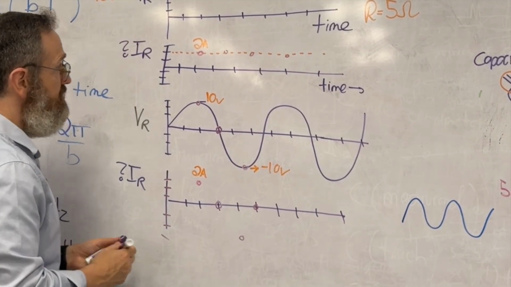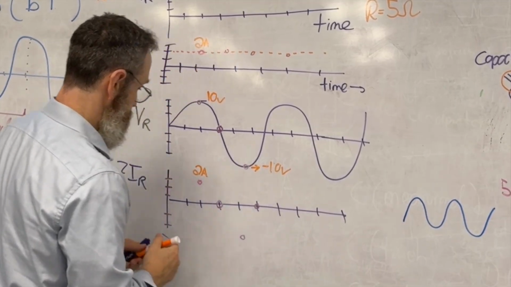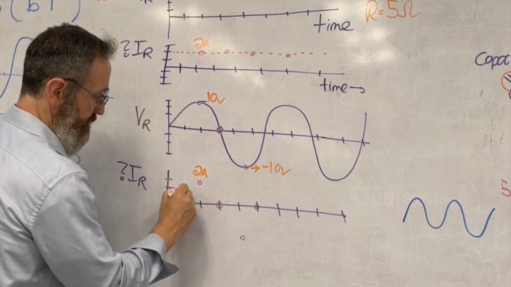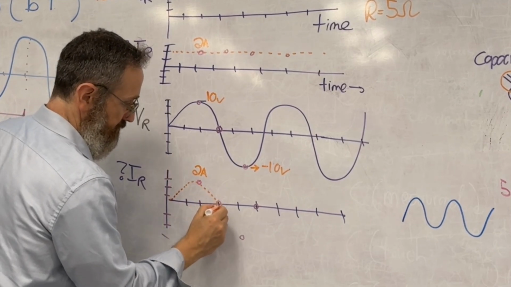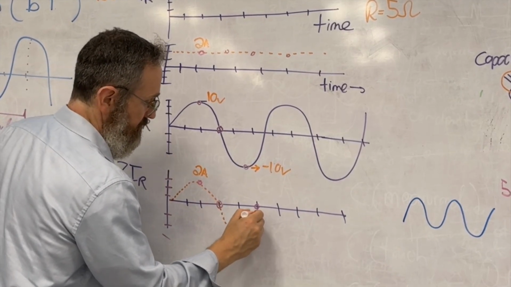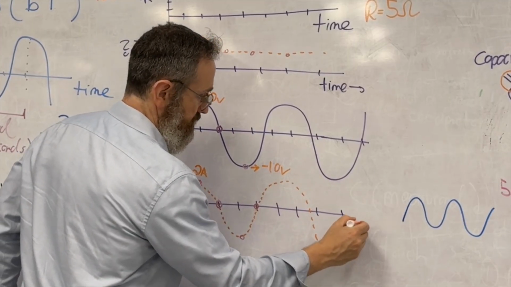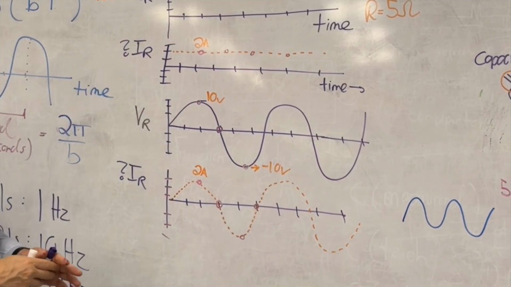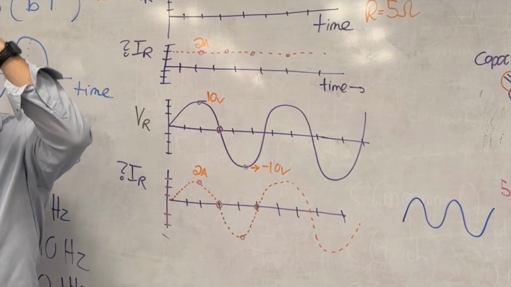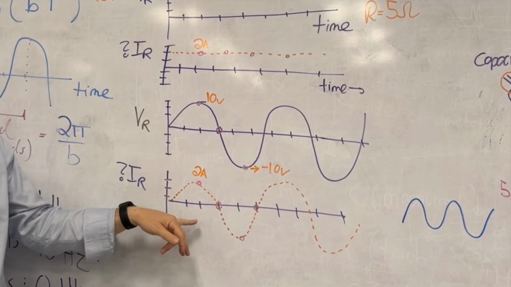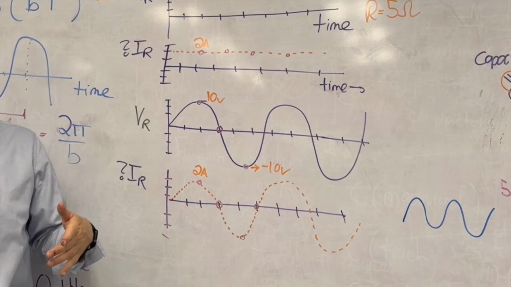And if you were to follow this analysis through, you would get that. So because the voltage is a sinusoid, the current is a sinusoid.